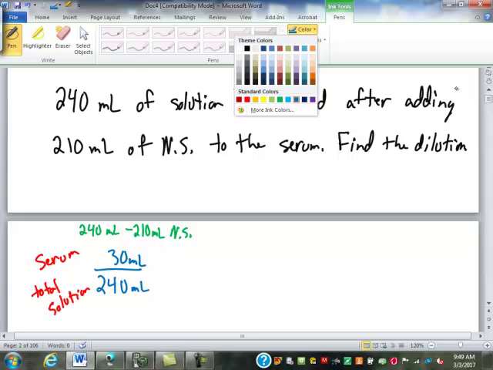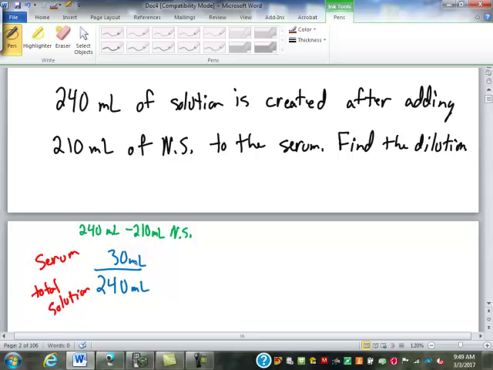We're assuming that there is no dissolving effect where the volume reduces because the particles disappear within the particles of the other liquid. So anyway, we've got 30 over 240. Again, the units disappear. Both 30 and 240 can be divided by 30. 30 divided by 30 is 1. 240 divided by 30 is 8. So this is a 1 in 8 dilution.